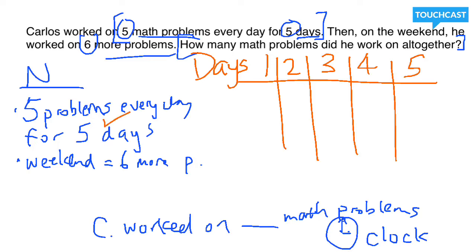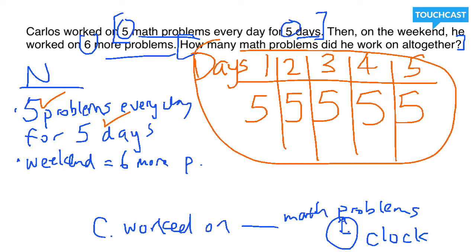And he worked on 5 problems every day. So on day 1 he worked on 5. On day 2 he worked on 5, 5, 5, and 5. So how many problems did he work on all together in these 5 days? 5, 10, 15, 20, 25. He worked on 25 problems.